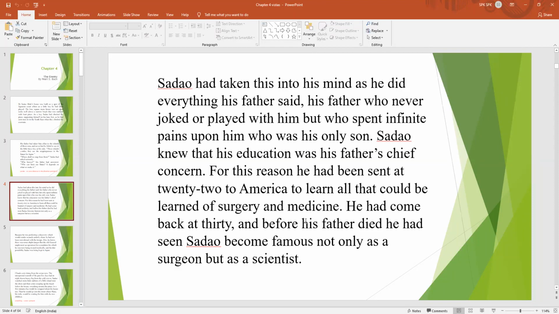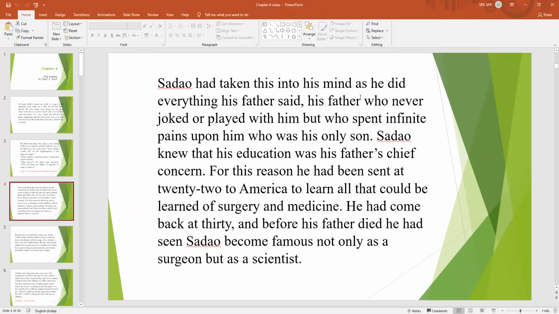Now, what is there, children? Sudhir knew that his father's chief concern was his education. He was sent to America at the age of 22, and there he studied surgery and medicine. He returned at the age of 30. And before his father died, what happened?